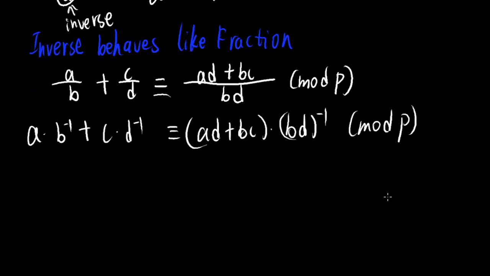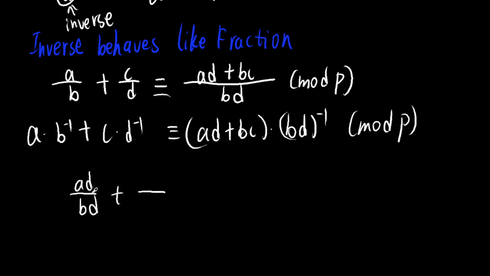And how can we prove this? It is fairly simple. We know that, for example, in the rational numbers, if we want to add these two fractions up, we first multiply by bd in the first fraction, and then multiply by bd in the second fraction, and then add them up, right?